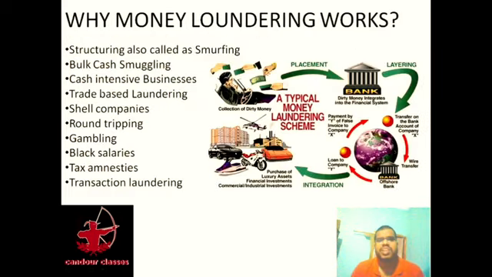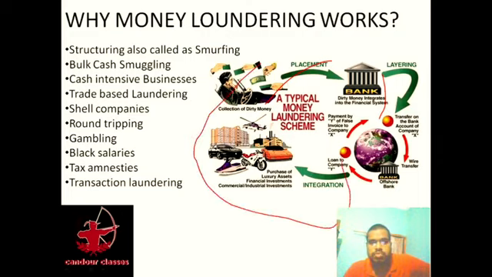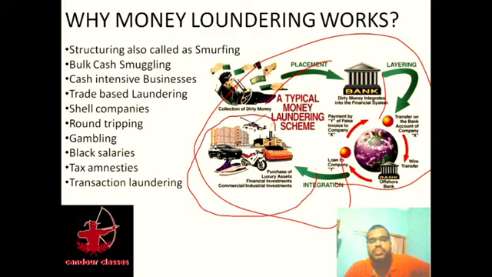Then, why does money laundering work? A typical money laundering scheme, as I have already told you: first collection of cash, then placement, then layering, then integration. This is how typical money laundering works. When integration occurs, they won't only give you the money.